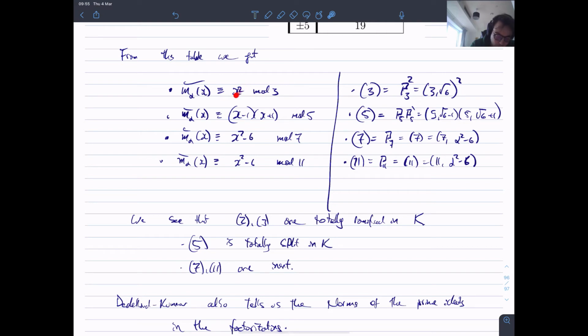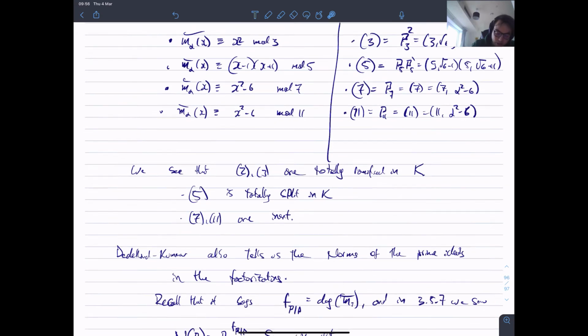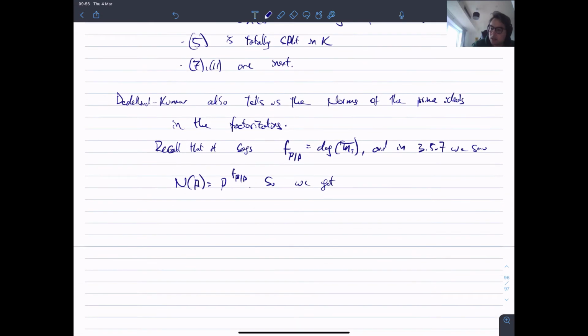So the degree of the polynomial is 1, but it's just showing up twice, so it has a residue degree 1. Similar here, this is a degree 1 polynomial, so each of these residue degrees are 1. In this case, the 7 is corresponding to a degree 2 polynomial, and the 11 is also a degree 2 polynomial.